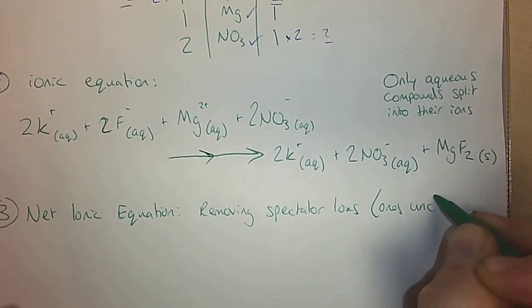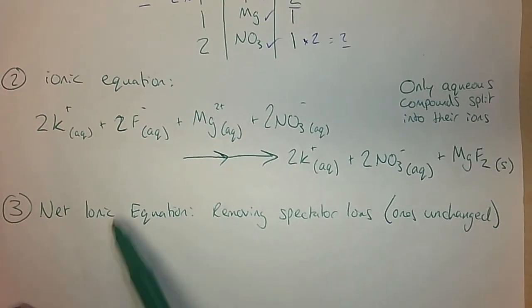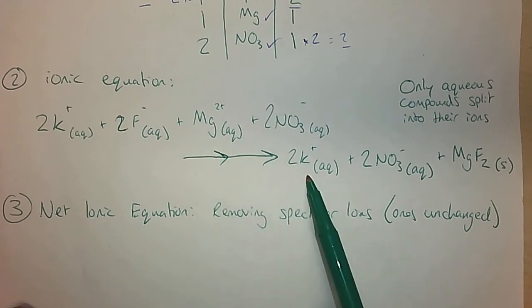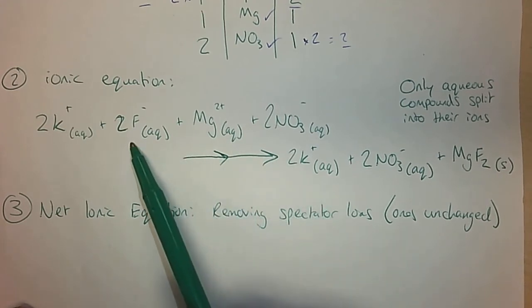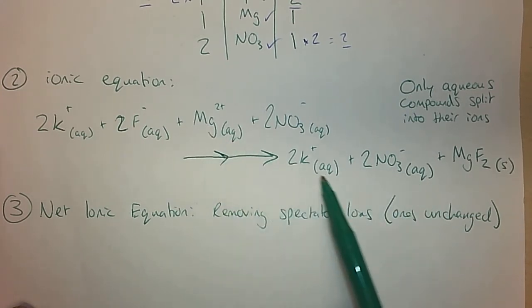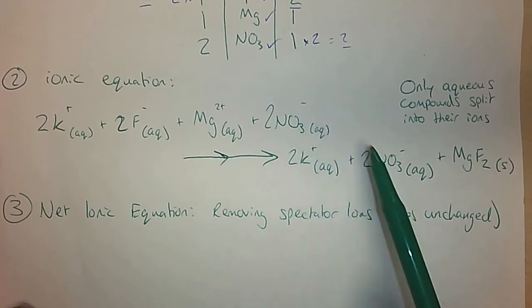Those are ones unchanged. Okay, so let's have a little look. On the left side, 2K plus, 2K plus. Well, they're staying the same, so they're coming out of there. 2F minus, does that appear again? Nope. Mg2 plus, does that appear again? Nope. And 2NO3 minus, does that appear again? Yes, that does appear again.